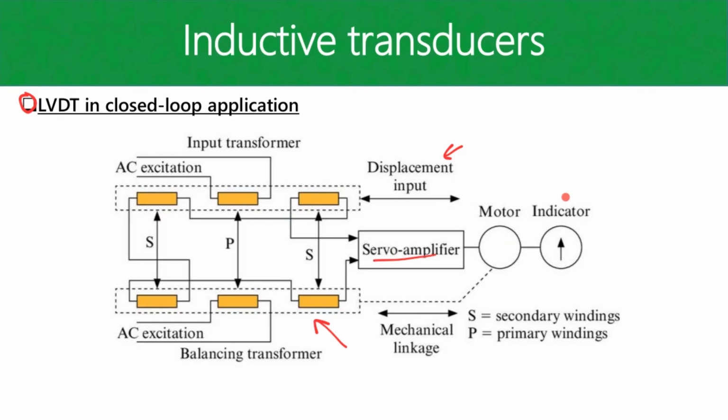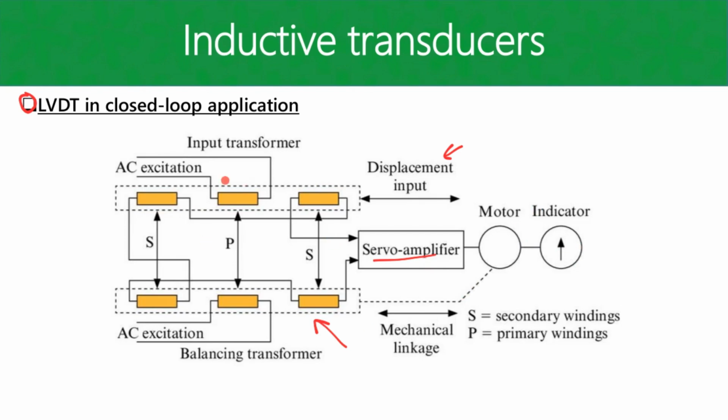You cannot amplify 0, so the motor is not going to be driven. And that's pretty much it. That indicator can be replaced with something like aircraft landing gear or an arm or lever that you want moved.